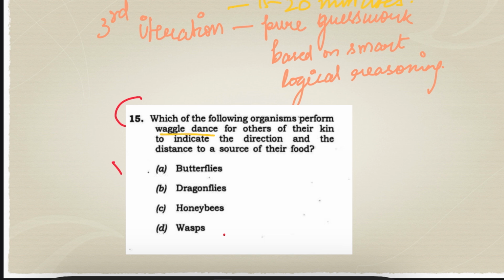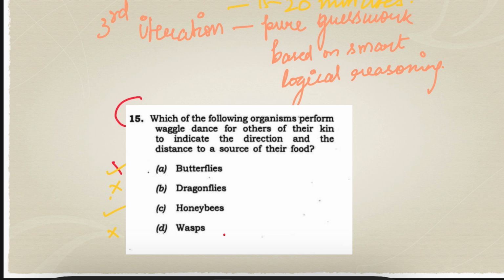Now coming to option A and C. Based on my knowledge of environment, both static and current, butterflies are often read about in context of a new species of butterfly being discovered, or a certain species being the state butterfly of a certain state.